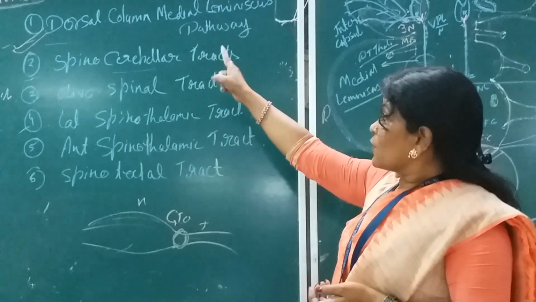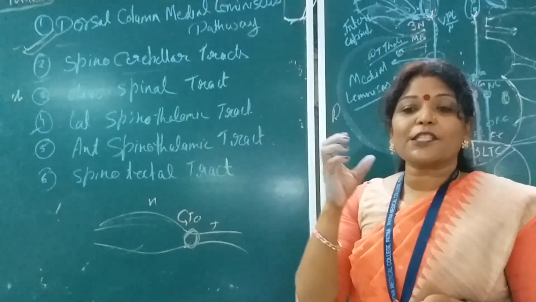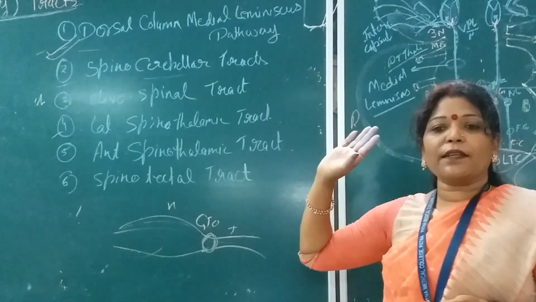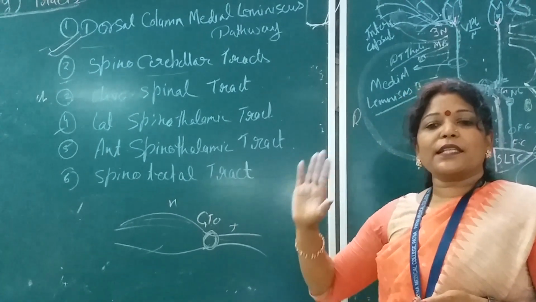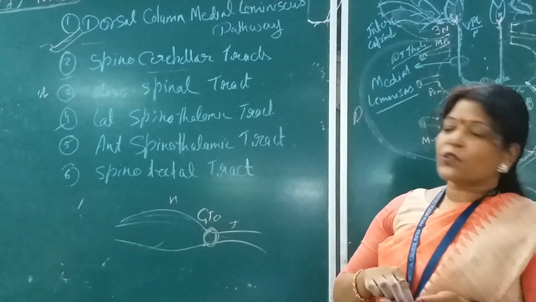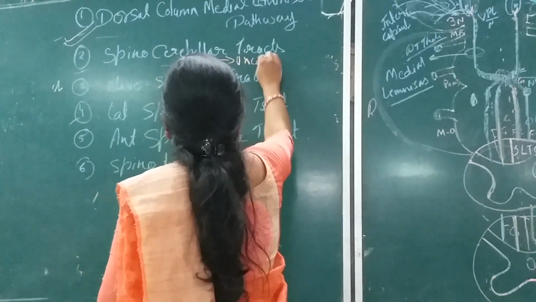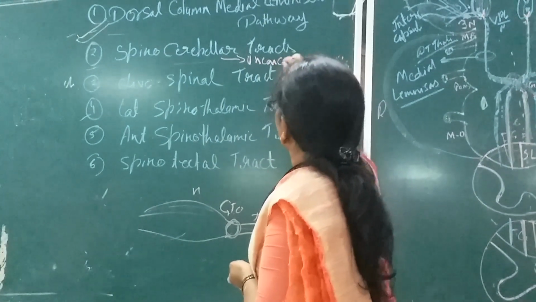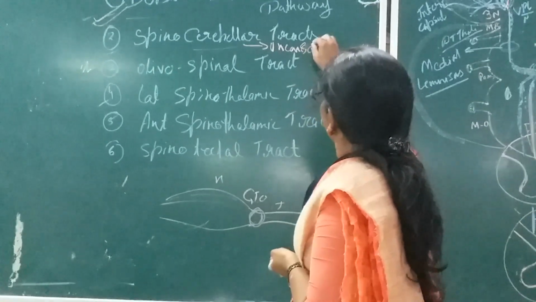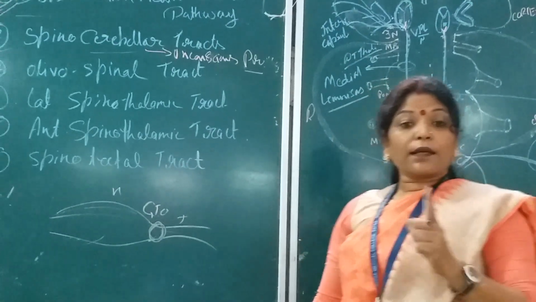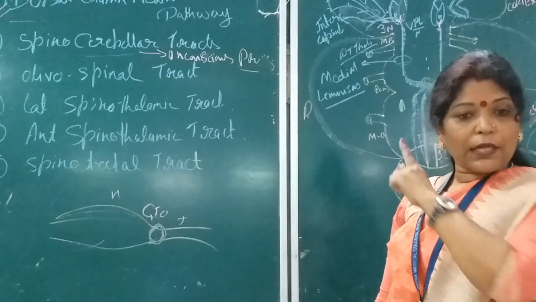In the dorsal column we have discussed the conscious proprioceptive impulses, but the scene will be different here, just opposite. It is the unconscious proprioceptive impulses. The spinocerebellar tract carries unconscious proprioceptive impulses. Okay? Unconscious, because it is not going to the cortex.